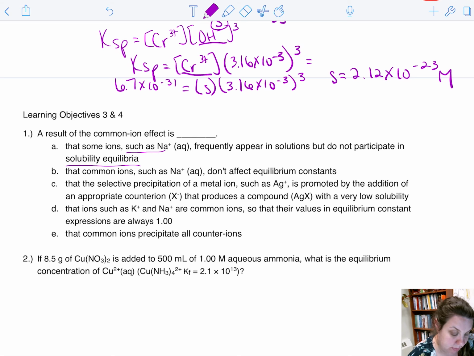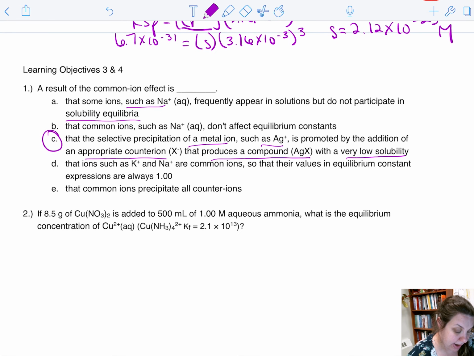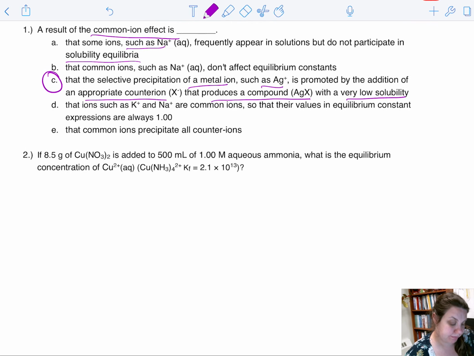True, but still not part of the common ion effect. That the selective precipitation of a metal ion such as silver is promoted by the addition of a counter ion that produces a compound with very low solubility. That's what we're looking at with the common ion effect. Okay, and then the other two are also correct, but not actually what the common ion effect talks about.